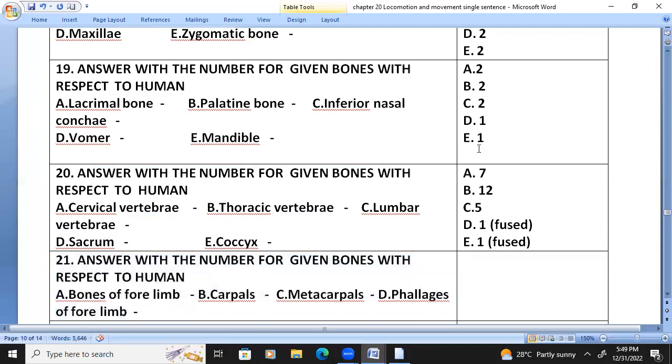Next, bones of the forelimb. Number of the bones in the forelimb, 30. Carpals 8. Metacarpals 7. Phalanges 14.